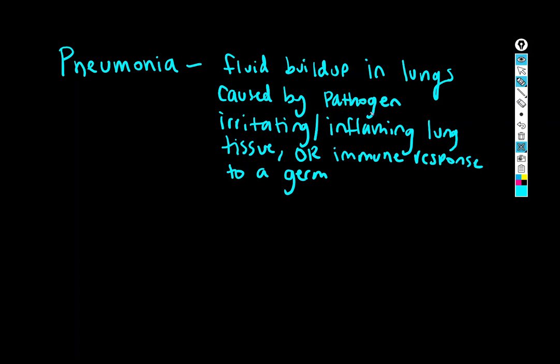So pneumonia is the disease, and it's described by this. Symptoms include shortness of breath, coughing, etc. Here's the thing, though. This does not tell you anything about the etiology. The thing in my life that applies to this, and this is where I got this example, is my parents' neighbors.